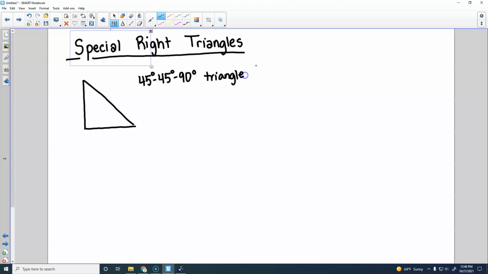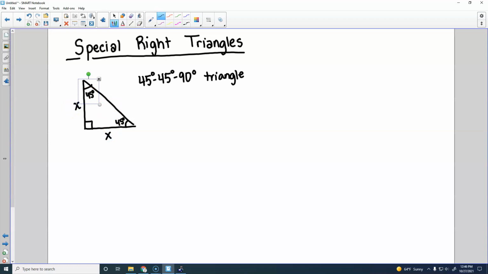In a 45, 45, 90 triangle, you of course have a 90-degree angle and then your other two angles are both 45 degrees. If these two angles are the same, the sides across from them are the same. So if this is x, then this also would be x over here.